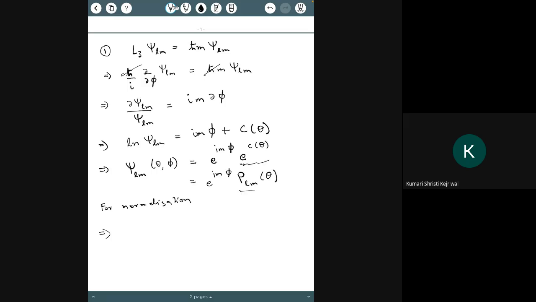And we'll find this function directly instead of c later on. And for normalization, we can add an additional factor n lm e to the power im phi plm theta if we want to. Otherwise, we can include it inside the plm theta as well.